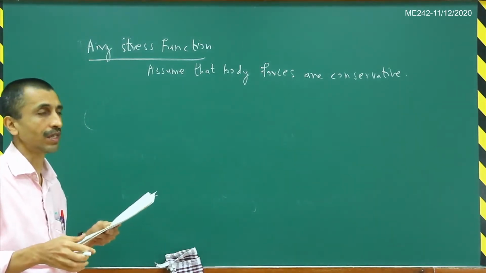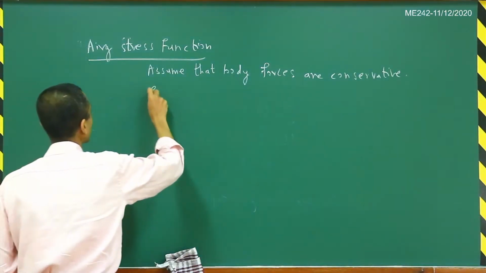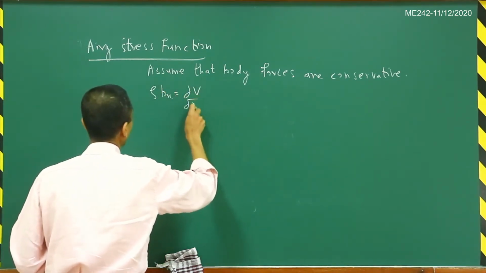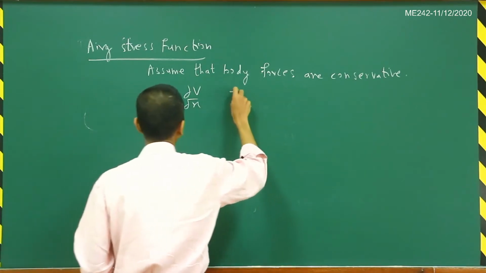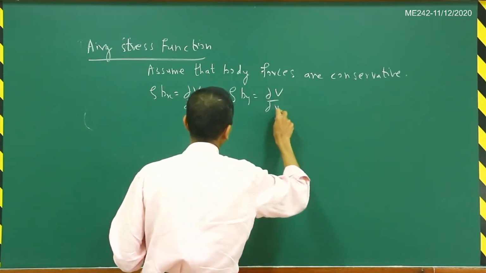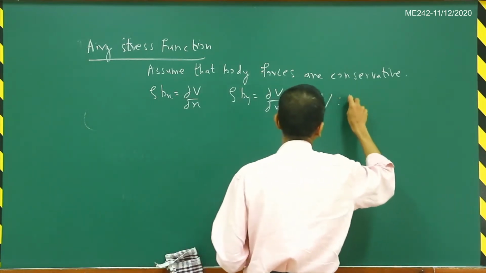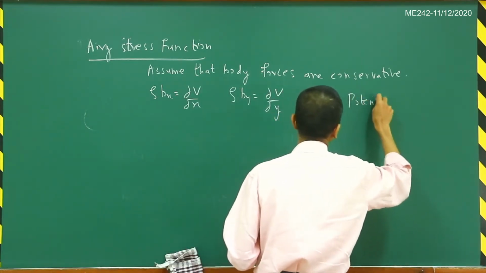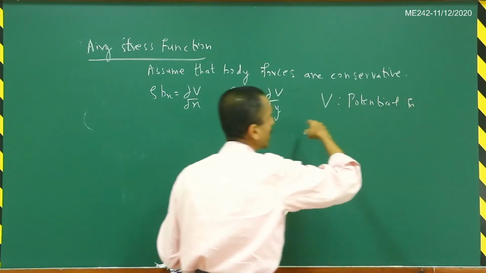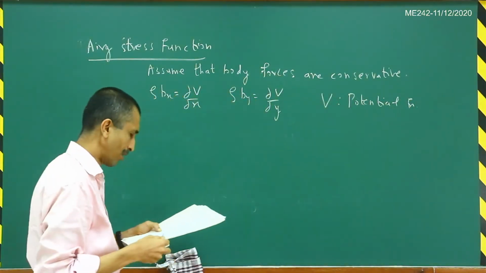So rho bx can be written as del V by del x, and rho by can be written as del V by del y. And so this V is like a potential function from which you can derive these body forces.